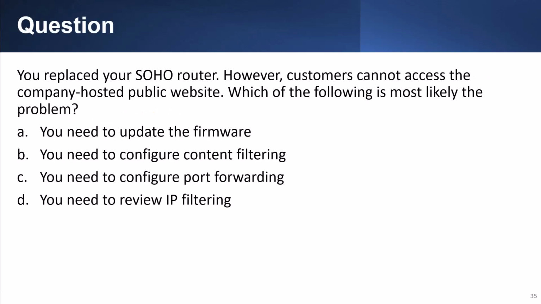Question: You replace your SOHO router. However, customers cannot access the company-hosted public website. Which of the following is most likely the problem? Answer: You need to configure port forwarding.